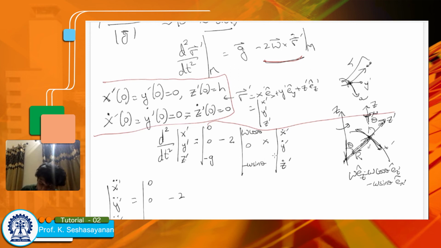So I take the cross product. When I do the cross product, I take the first row, I don't consider the first row, I take this times this minus this times this.